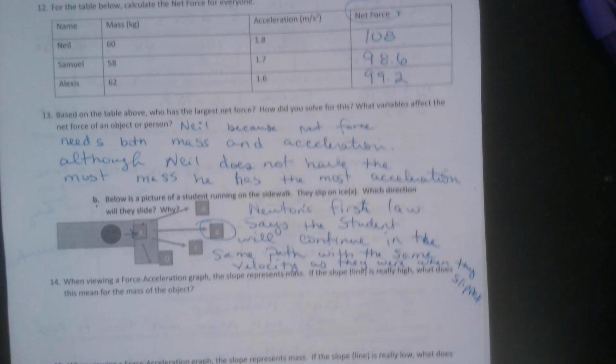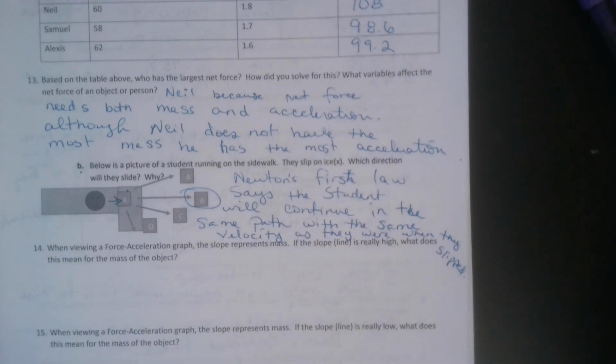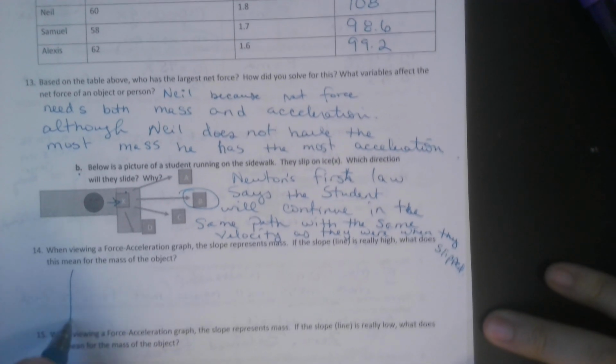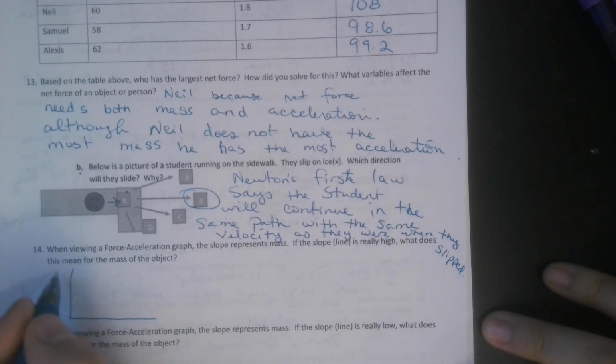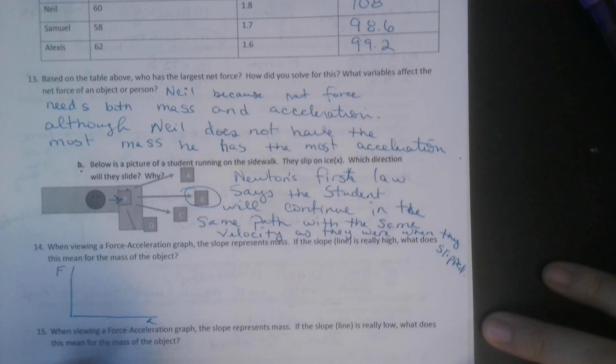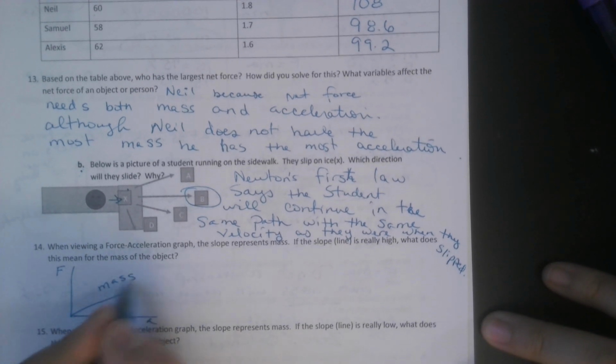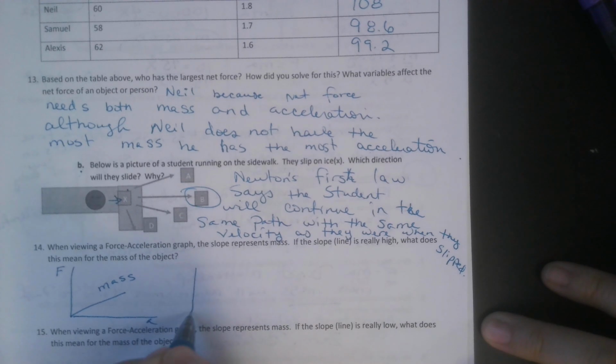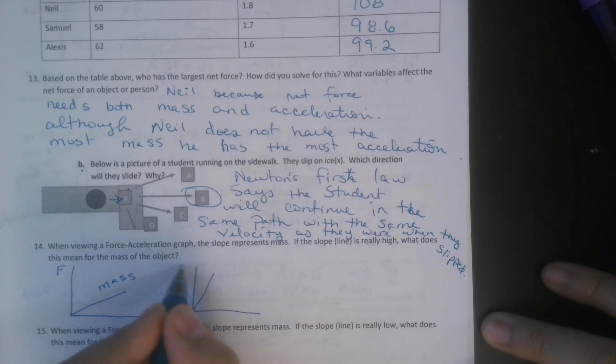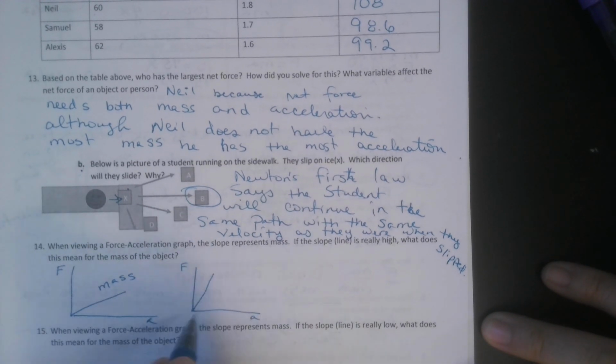And then when viewing a force and acceleration graph, what is the force and what does the slope represent? So here we are. If this is force and this is acceleration, this number is going to be mass. So if the slope is really high, this is telling you that it required lots of force for little acceleration.